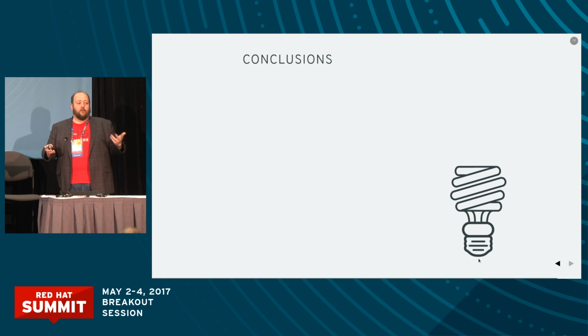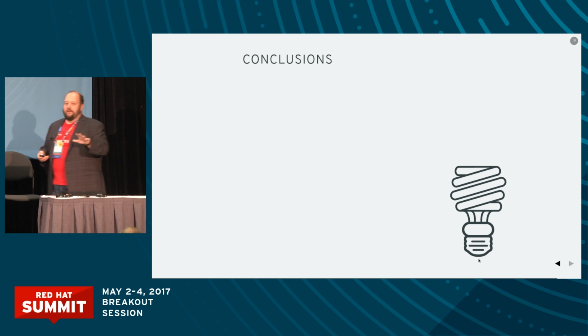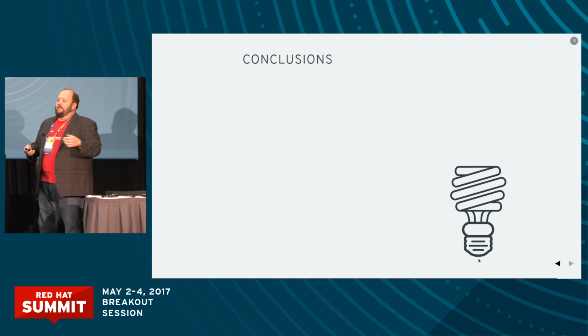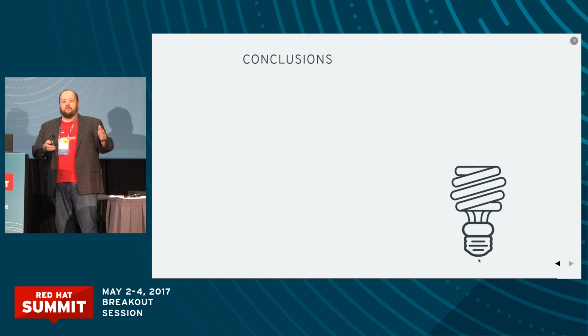I can have 50 port 80s on a single host. I'm a firm believer 80% of the virtual machines exist because someone needed another port 80. Pretty sure that's fact. Don't have hard data on it, but I'm pretty sure. We don't have to do that anymore. We don't have to isolate processes with virtual machines. We can isolate processes with containers, and we get more effective use of our hardware.